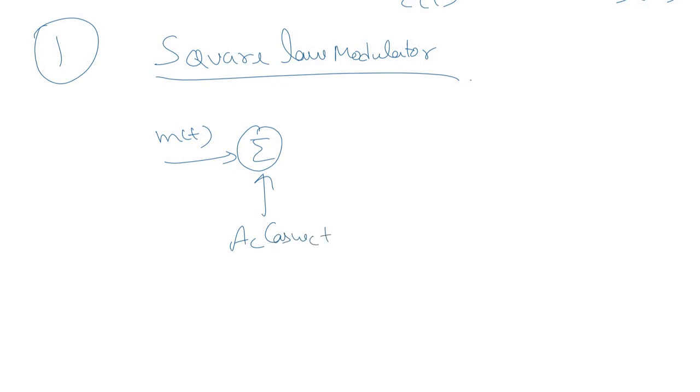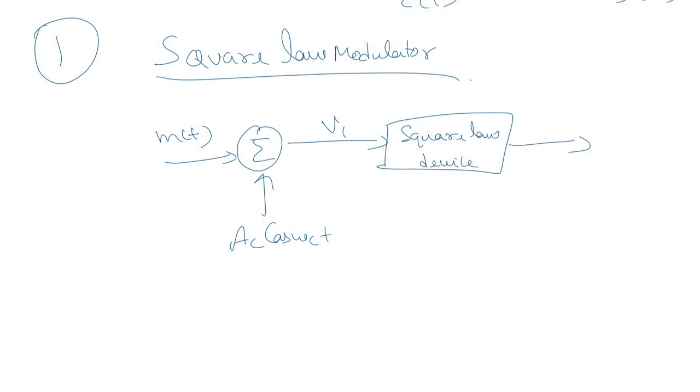You first sum the message and the carrier signal. Let's say it results into some signal V1 that is passed through a square law device. And then the resulting signal, let's say it's V2, is given as input to a band pass filter, and then we finally expect that the resultant would be an amplitude modulated signal.